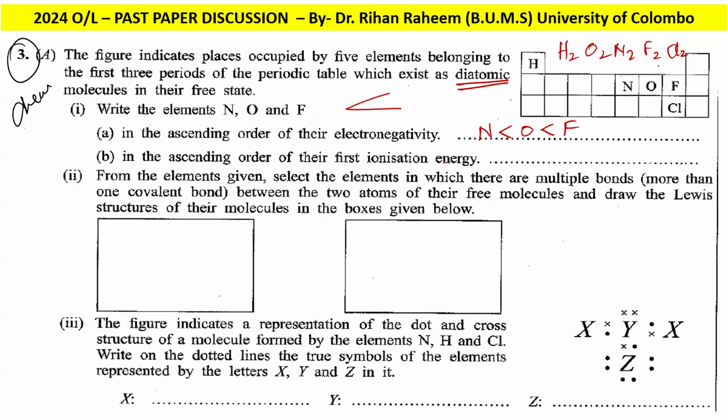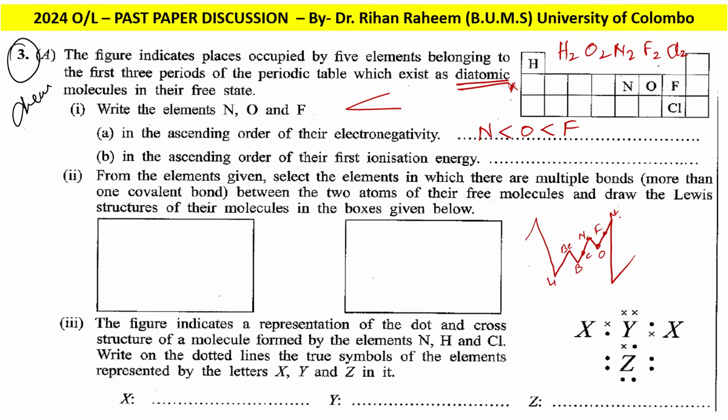Then in the ascending order of the first ionization energy. Now, first ionization energy, what graph should you remember? The tick, tick, tick graph. Then come down, finish it off. Like that we have now. So here we'll focus only on this group: lithium, beryllium, boron, carbon, nitrogen, oxygen, and then fluorine.